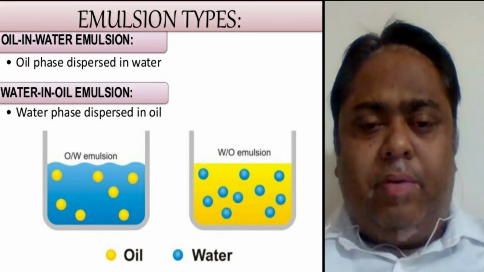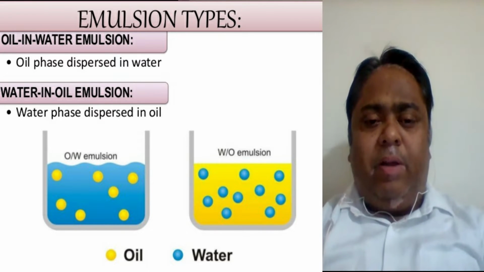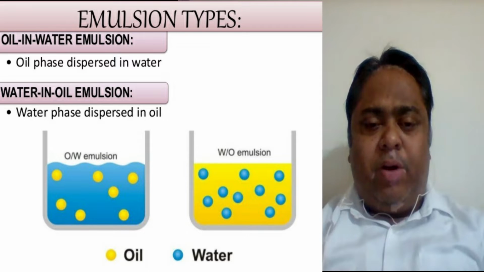In case of liquid in liquid, which forms an emulsion, there are two types of emulsion: oil in water emulsion or water in oil emulsion. Here, by the word oil, we mean a liquid which is not completely soluble in water.